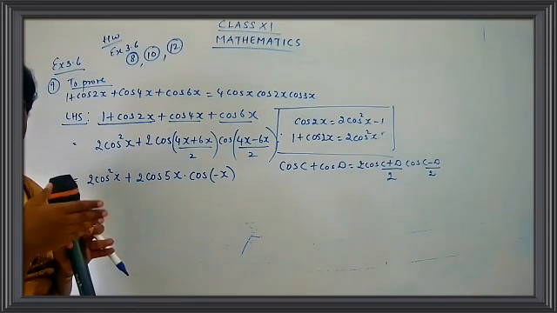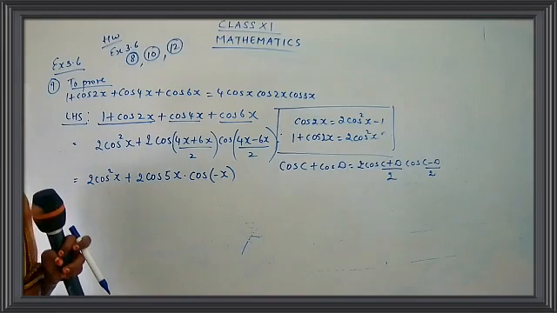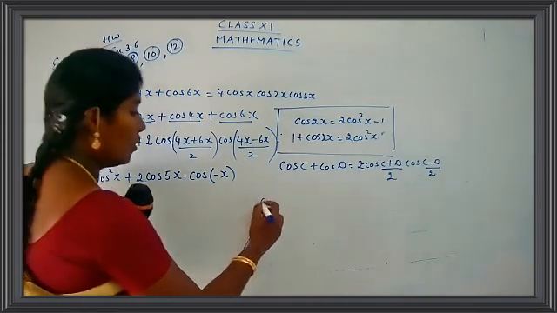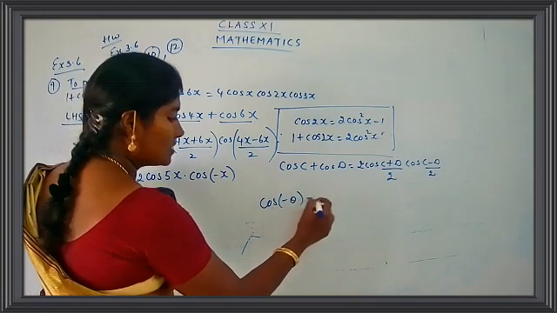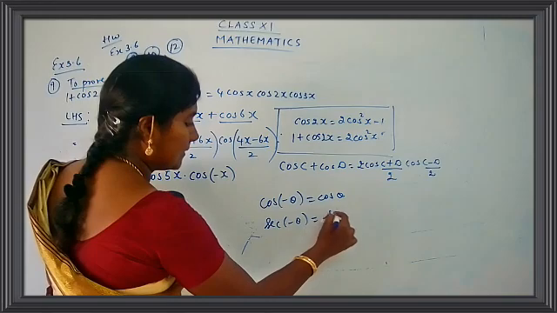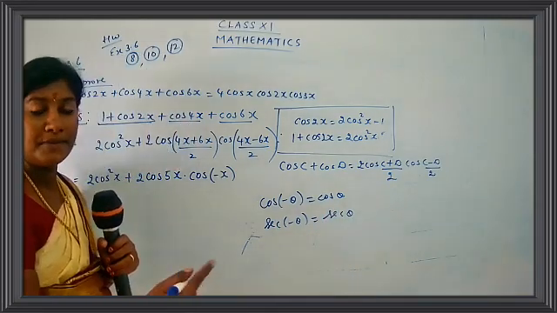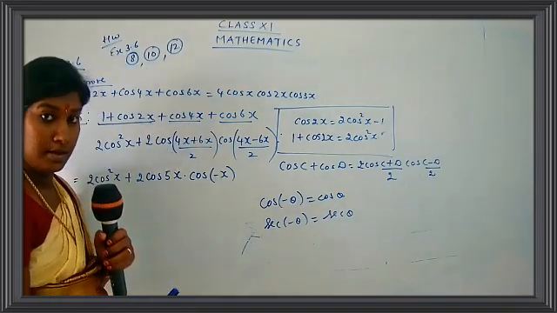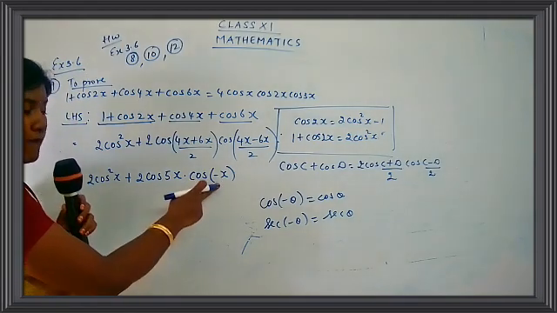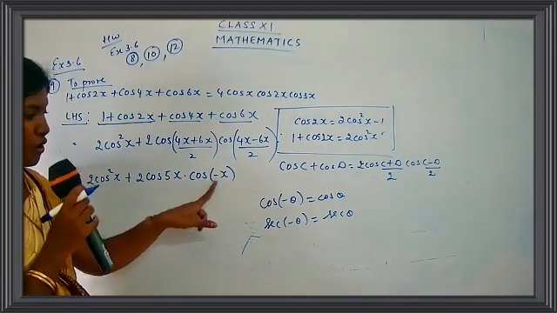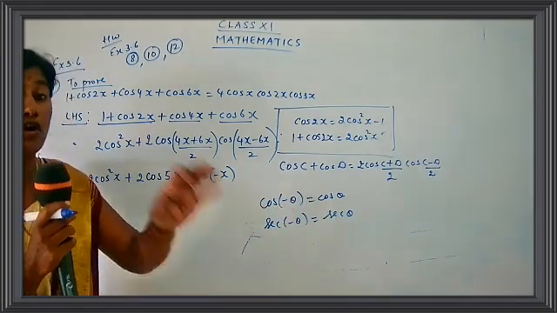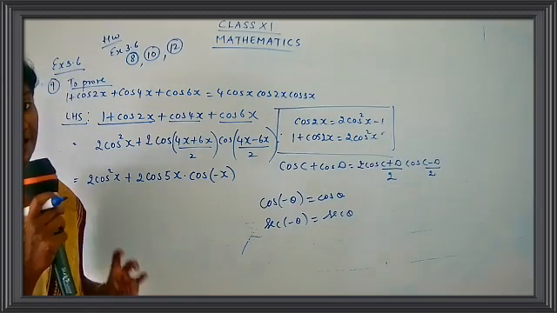We have only two functions which stay positive. That is, we have cos of minus theta as cos theta, and also sec of minus theta as sec theta. And for other functions, what happens? The negative sign comes to the front. Already we have taken it down. So what will be the value for cos of minus x? The value for cos of minus x will be cos x, because the minus sign vanishes for cos of minus theta and sec of minus theta.